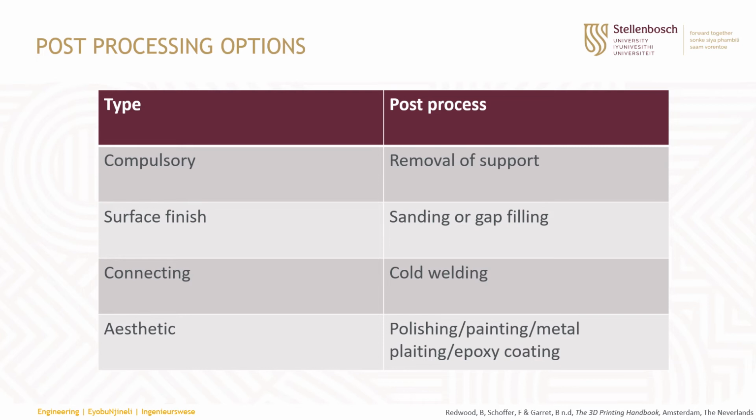For designs that need to be broken down into smaller parts because of build volume restrictions and whatnot, cold welding can be done to connect these parts together, and we can use an acetone solution for this. And then for aesthetics and that final touch, polishing, priming, painting and plating can be done on the printed parts, and then you have your beautiful part.